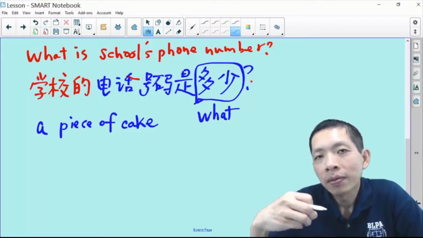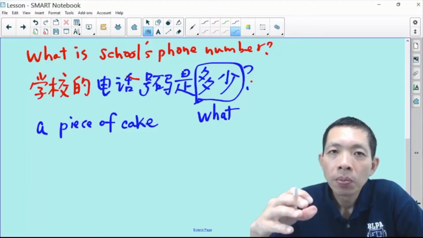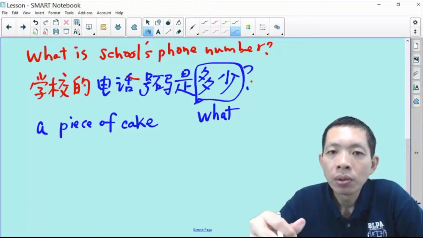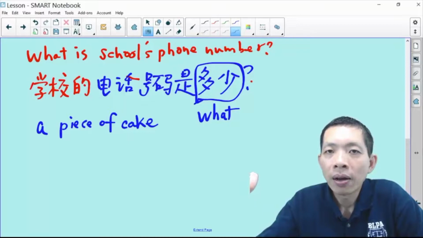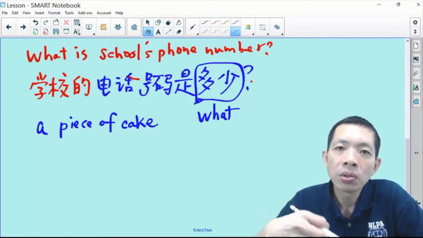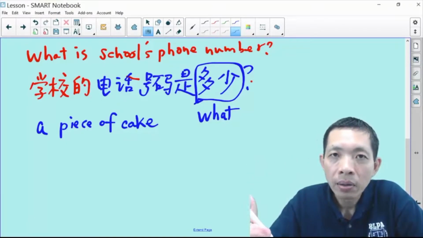It means it's very easy, not very challenging. So with the same rule, 多少, although it is how much, how many, in this context actually means what.